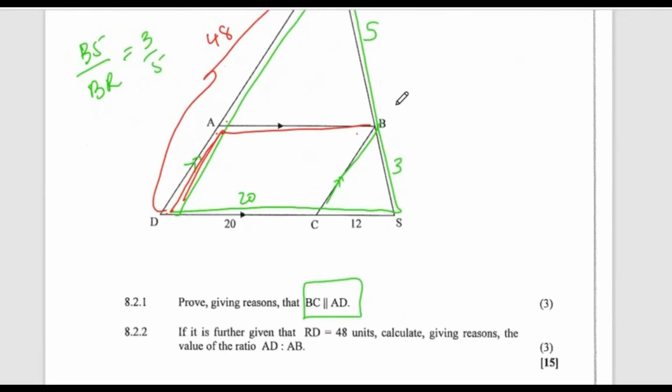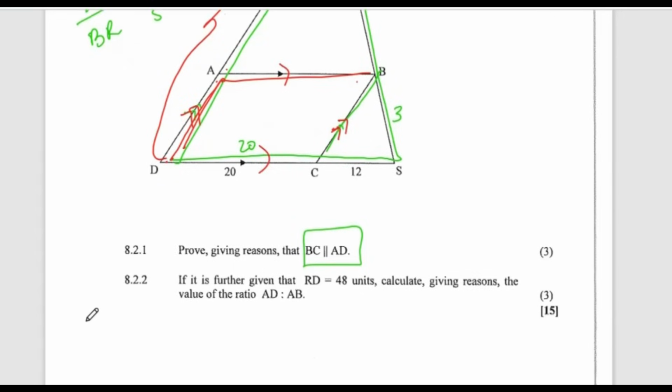So what we're going to do, we know that AB is going to be the same as DC, because remember we've proved that these lines are parallel, and initially they told us that these lines are also parallel. What does that make this whole ABCD? It's a parallelogram.